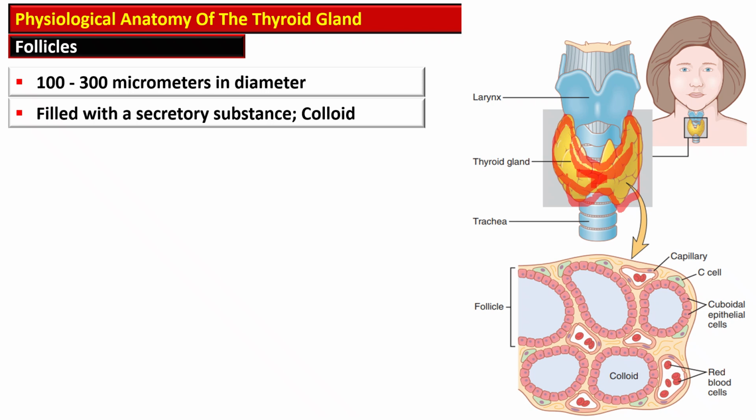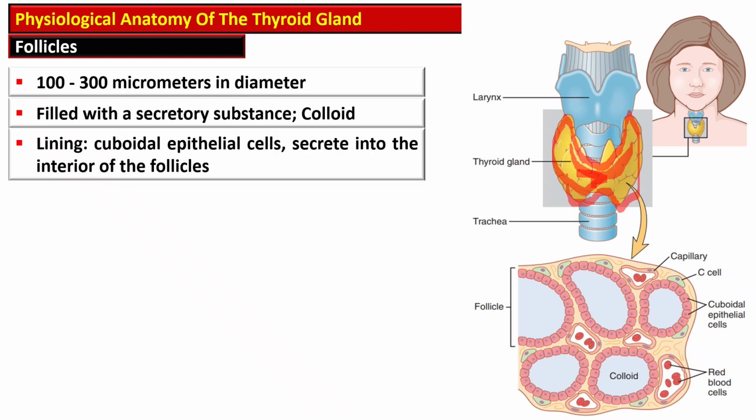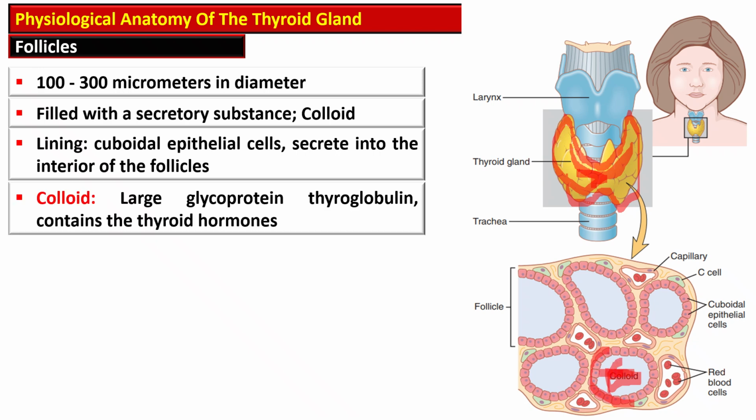It is a gel-like substance, and this colloid is lined by cuboidal epithelial cells that secrete the hormone into the interior of the follicle. This colloid is the large glycoprotein thyroglobulin that contains the thyroid hormone.